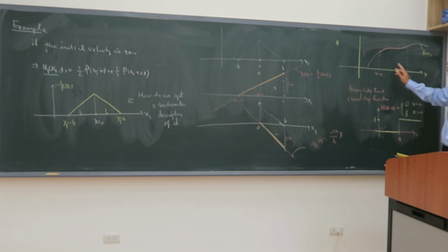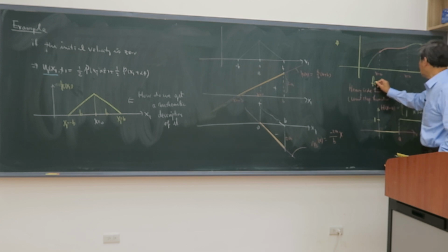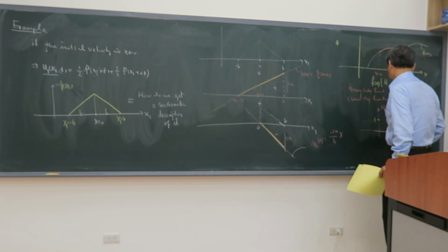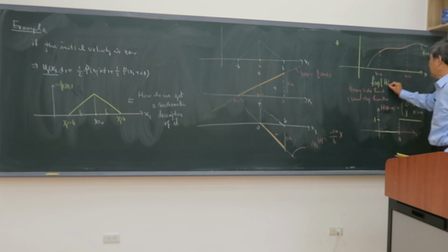So this function can be written as this function fx times the Heaviside function x minus a.